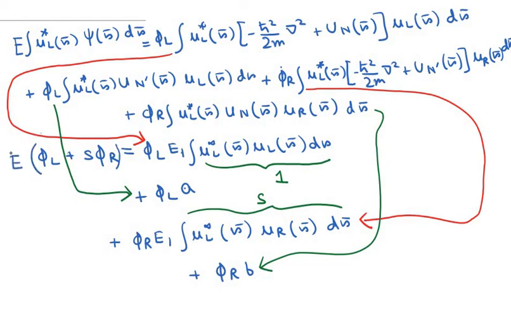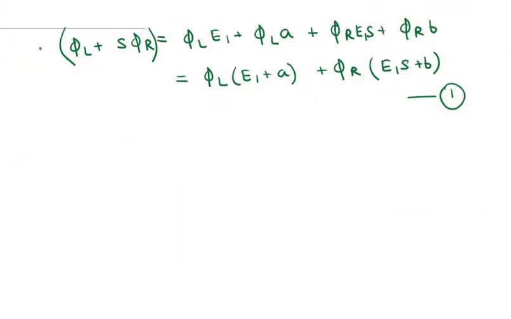There should be an E over here. This E corresponds to the eigenenergy of the system. So if we multiply the entire Schrodinger's equation by UR and integrate, we will arrive at a second equation, E S phi L.